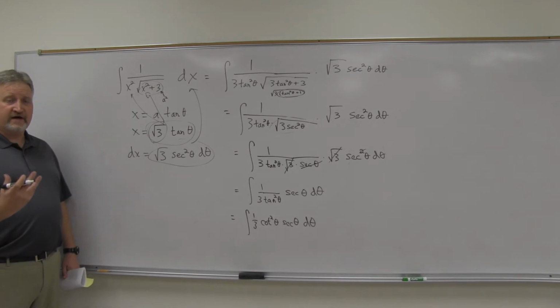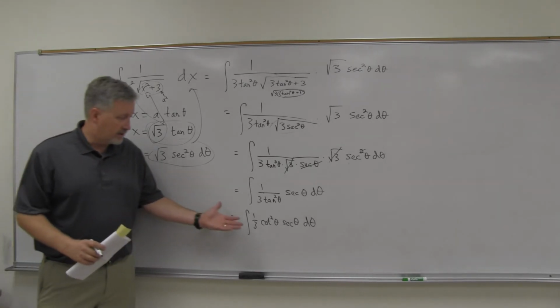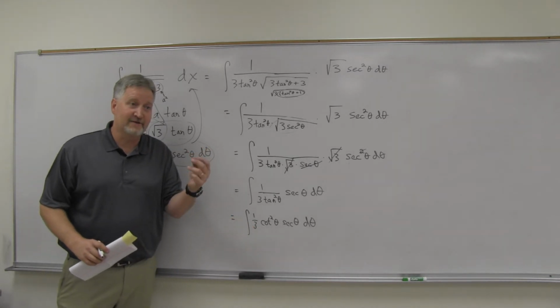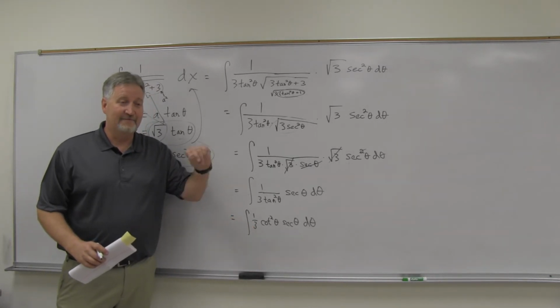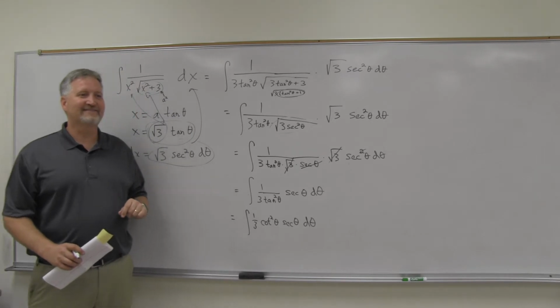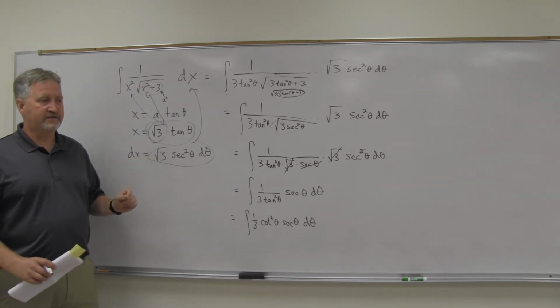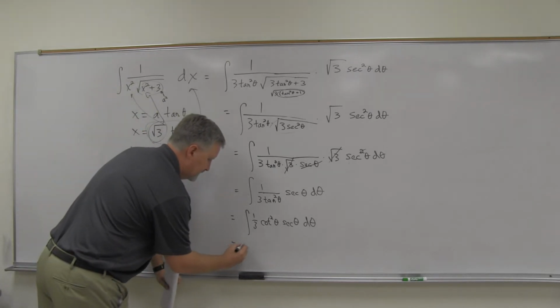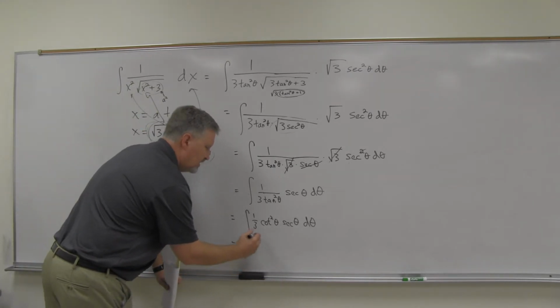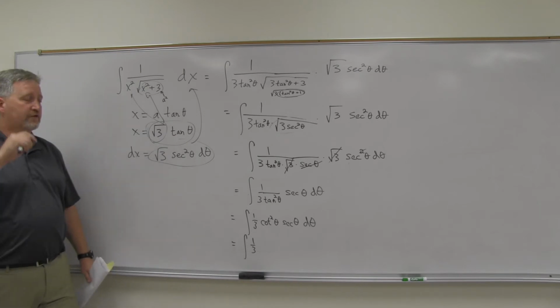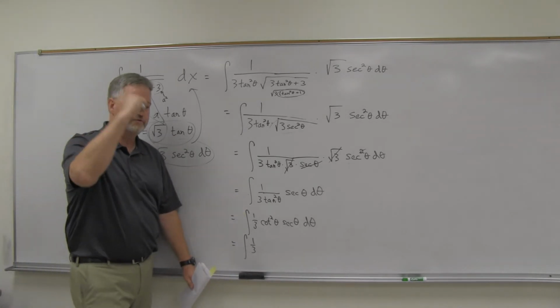Now, sometimes when you have these other trig functions besides sines and cosines, it's helpful to change to sines and cosines, and this is such a one. If we change that to sines and cosines, here's what we get. Let's see, tangent is sine over cosine, so cotangent would be cosine over sine.